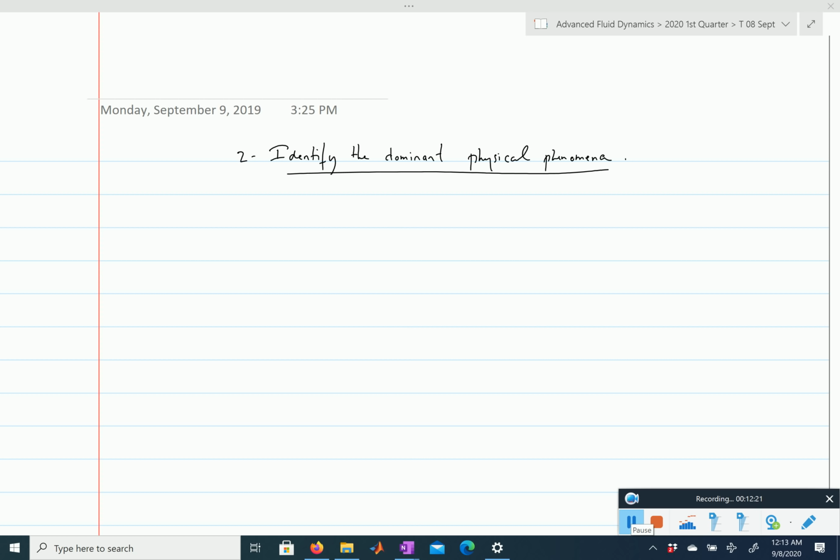I think at first this is the hardest part, because it requires a certain familiarity with fluids, but this is also the most important part. Once you've correctly identified the dominant physical phenomena, then usually you are on a good track to solve the problem.